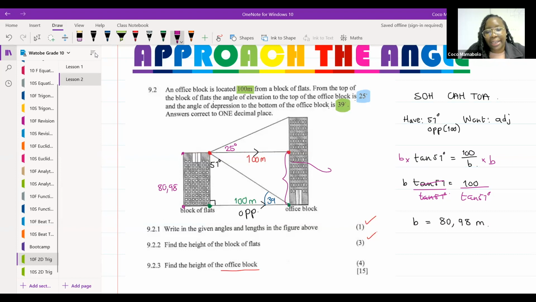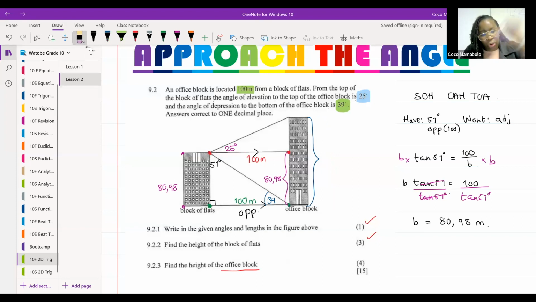It's also going to be 80.98. Excellent. Now, when this question says, find the height of the office block, are we going to use Pythagoras to find it, or are we going to use our trig ratios to find the whole height of the office block?